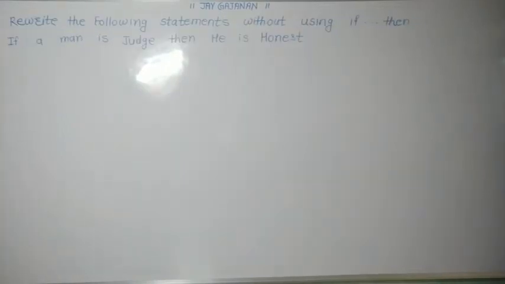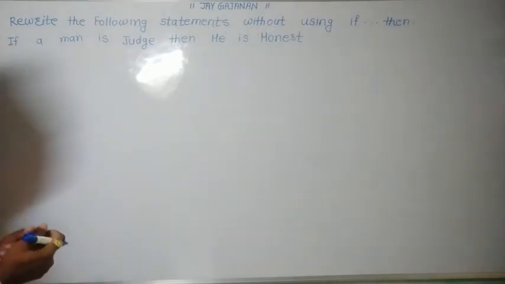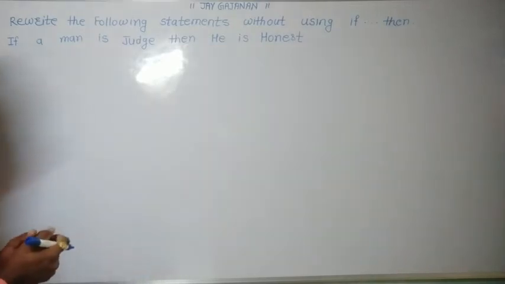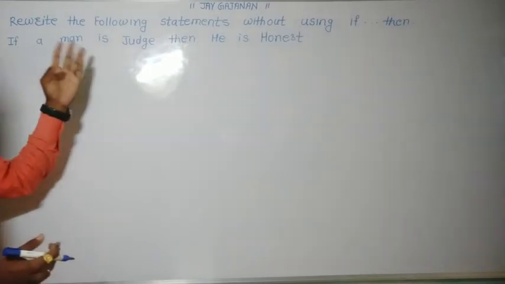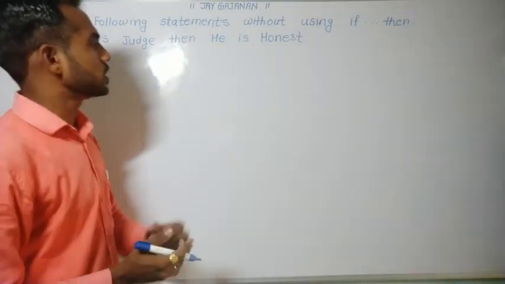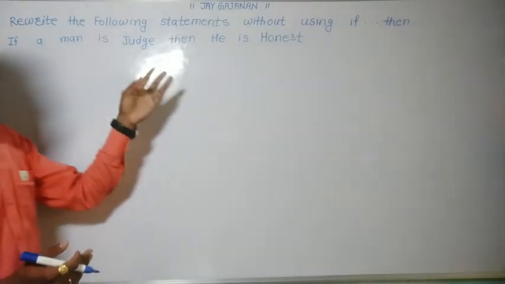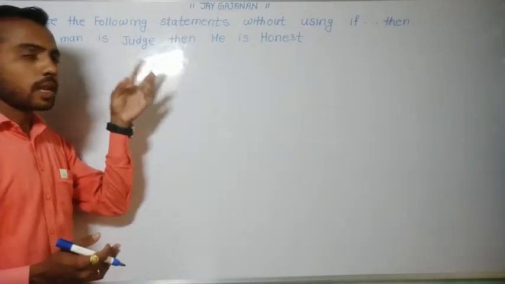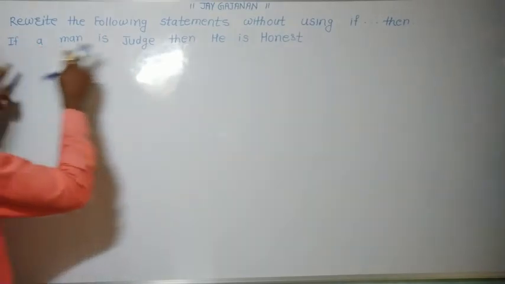Now let's start question number 2 in exercise 1.4. The question is: rewrite the following statements without using if then. The statement is: if a man is a judge, then he is honest. Here we have if and then, but to rewrite the statement we remove if and then.